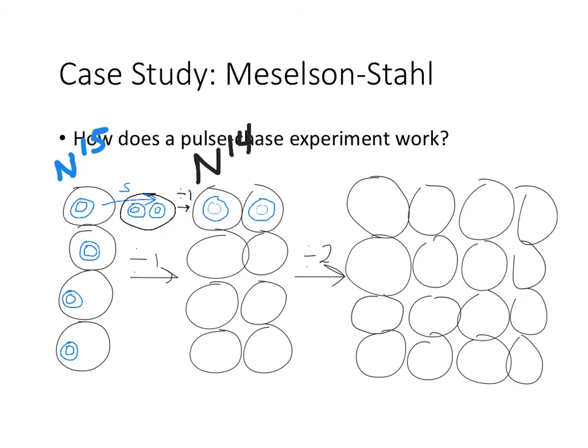Up until the part on the left, all the bacteria had been grown in heavy nitrogen, so their DNA contains only N15. After one generation following the chase, that is, you switch from N15 to N14.